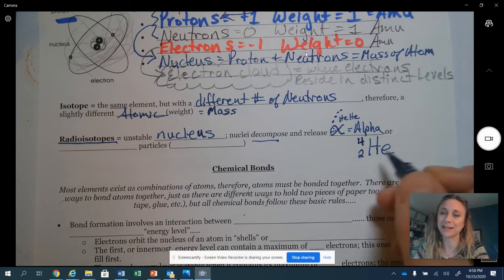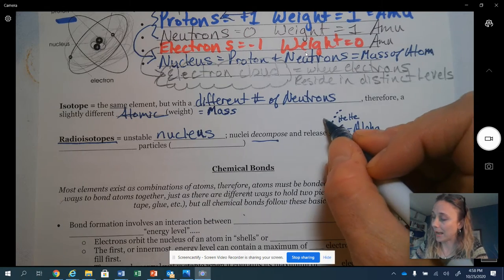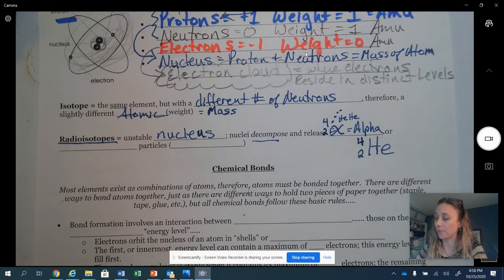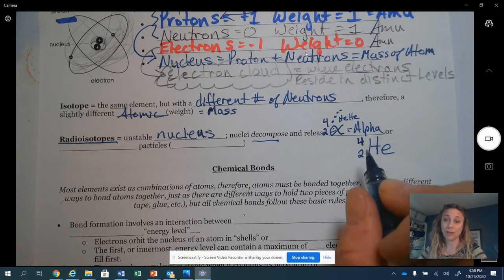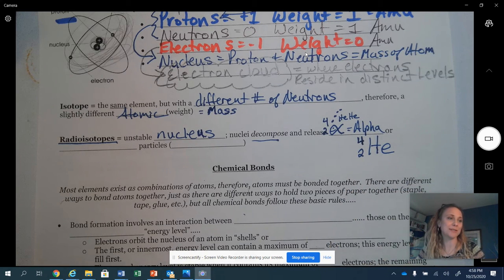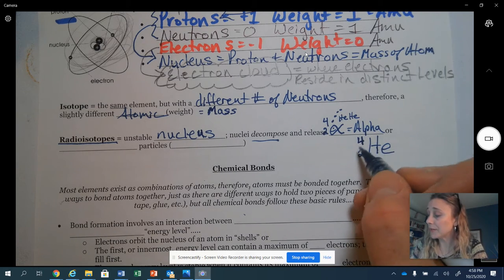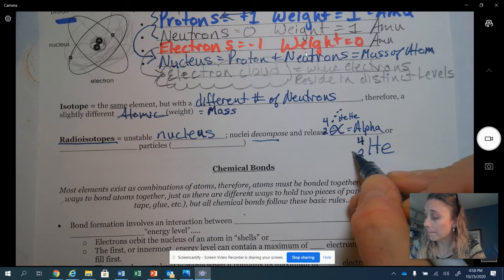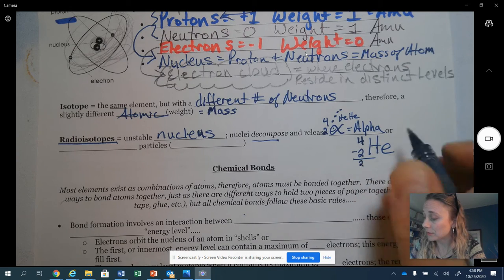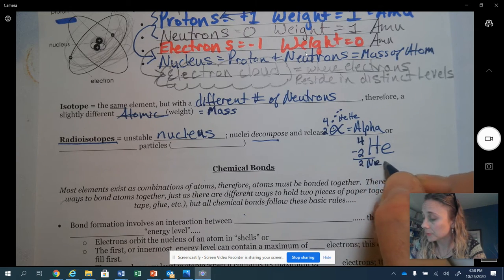That's the way that scientists like to write it. They like to write the mass at the top and then atomic number at the bottom, and the atomic number is 2 for helium on the periodic table. If you have 2 protons, you have helium. Usually it has 2 neutrons, and you can tell because you take 4 minus 2, and helium has 2 neutrons.